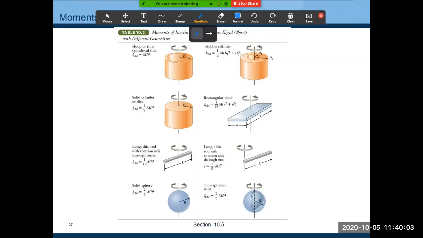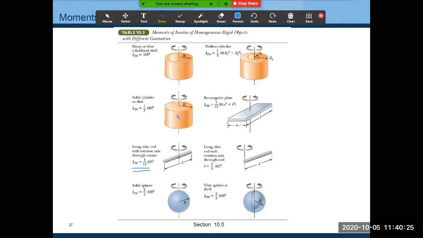And of course, the center of mass of this rod is right in the middle along the axis and halfway along the length of the cylinder or the disc. On the other hand, for the rod rotating in this direction, where you rotate the axis by 90 degrees, the center of mass is in the middle. The moment of inertia is then given by 1/12 m L squared. That is already slightly different compared with the previous equation.